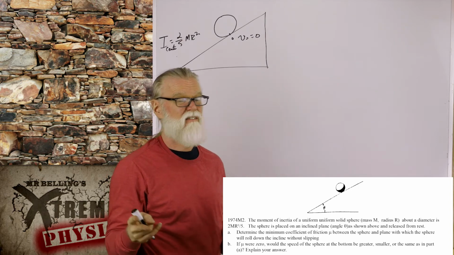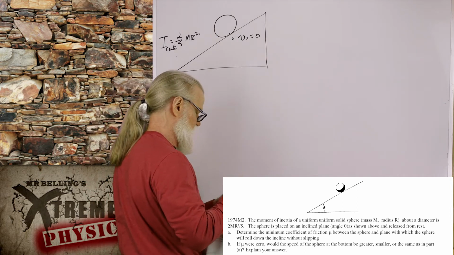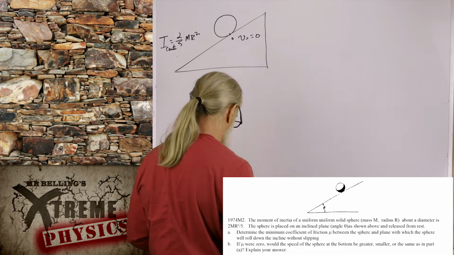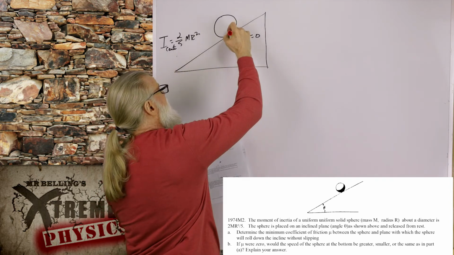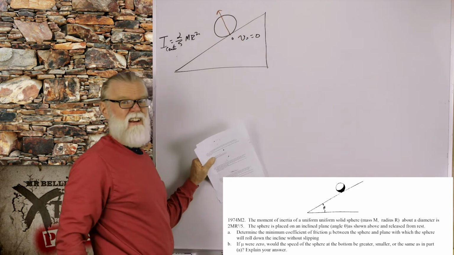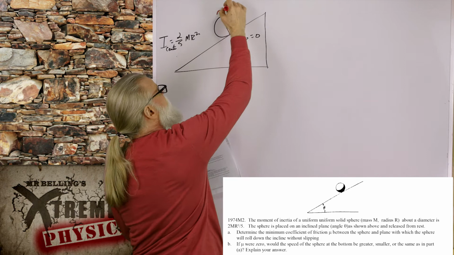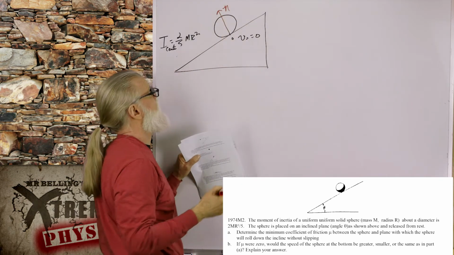Number one, the friction. I'm going to draw the forces on this. We're going to need to sum some torques here. Let's see, it's rolling down the hill. I hope that's still on the screen. I kind of went off the screen on the last one. Sorry about that, but I don't think anything important was cut off.